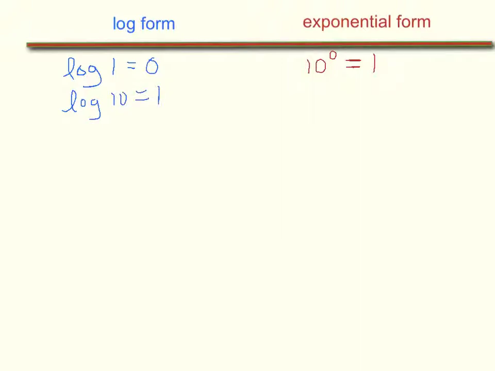If you're getting a handle on the game, you would know that's 1, because 10 raised to the first power is 10. So when we see this word log, it's asking us what is the exponent on that base that will give us that result.